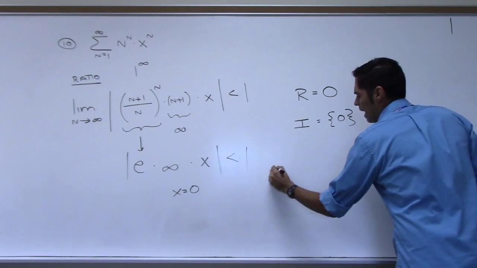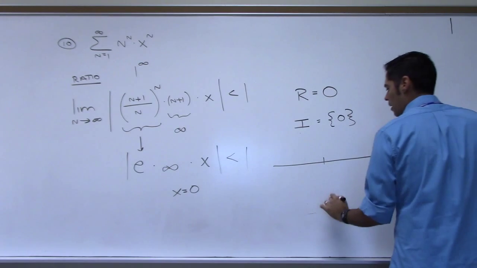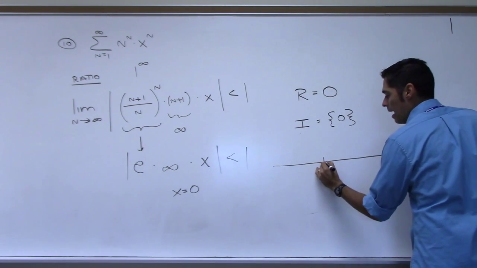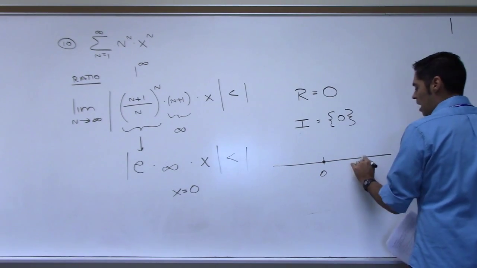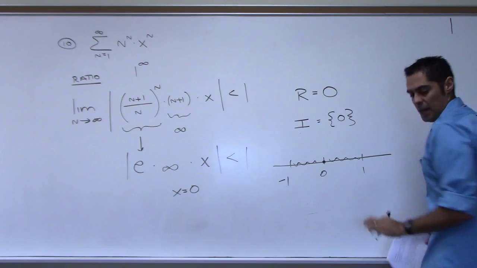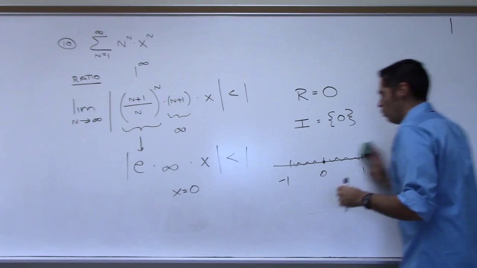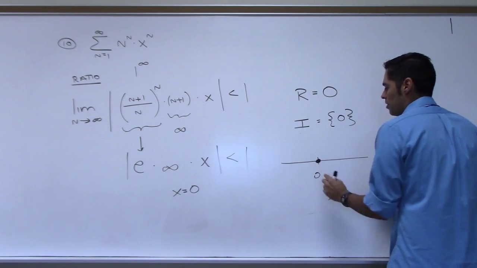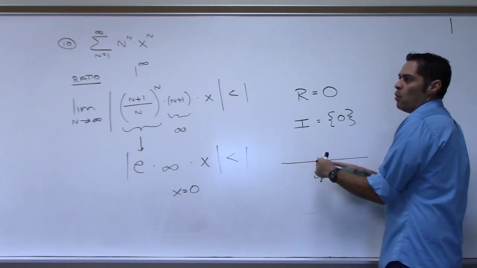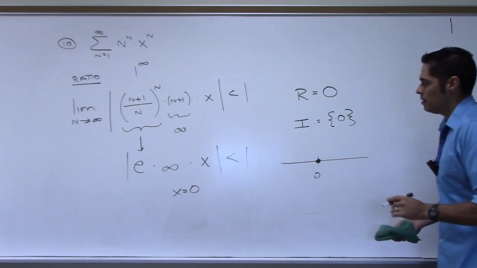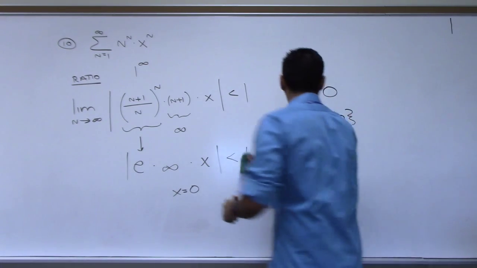So if you're looking at it on a number line, we're saying that the only x value we could possibly have is this right here. It's not an interval, like we're not saying it's between here and here. We're saying it's only if x is 1. I mean, sorry, if x is 0. That's the only way this thing will converge. And so the radius of a point is 0, and the interval itself is just the point itself. So that's it. That's the first time we ran into that.